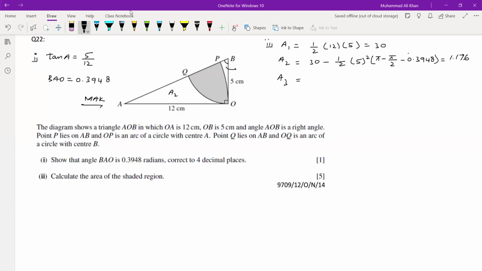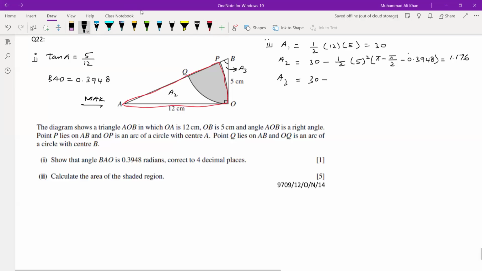Let's say this is area 3. And area 3 is from the triangle, if we subtract the area of sector AOP, this sector, so we'll get area 3, right?